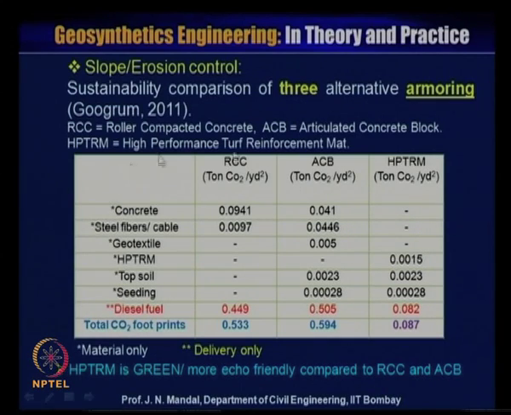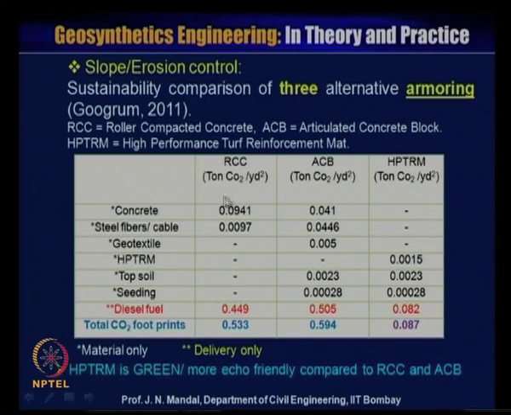Here you can see that for slope or erosion control, you may go for roller compacted concrete, or you can go for the articulated concrete block, which is called the ACB, and the alternative, HPTRM, which is the high performance turf reinforcement mat.